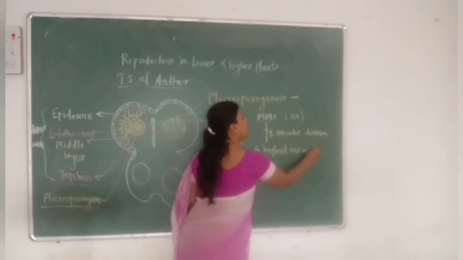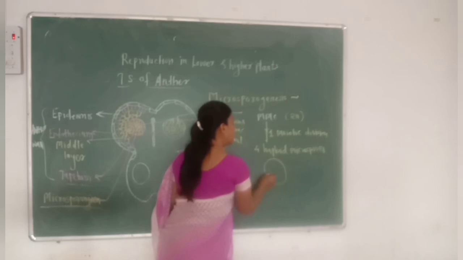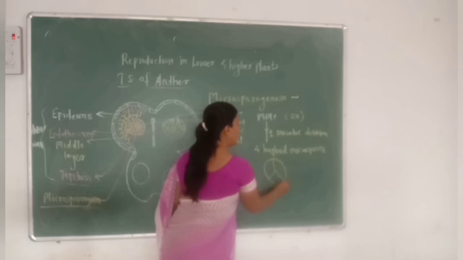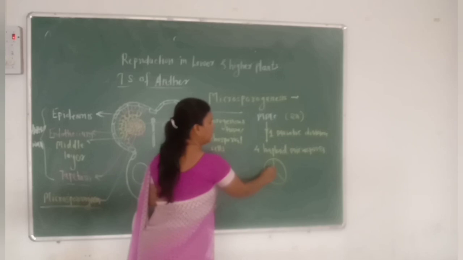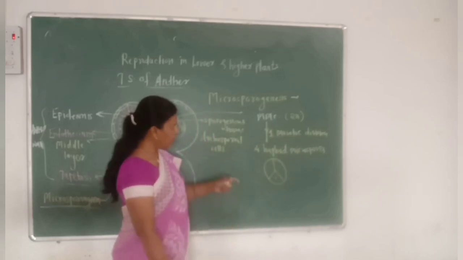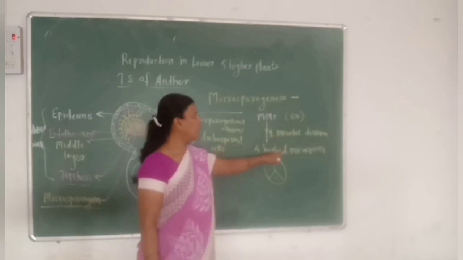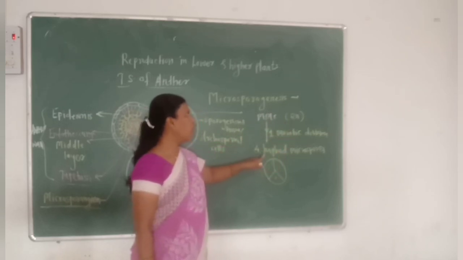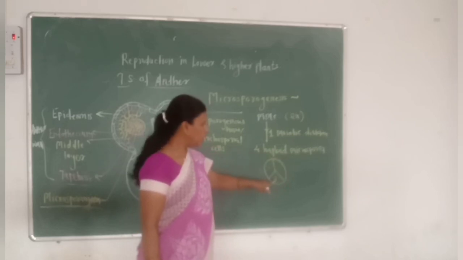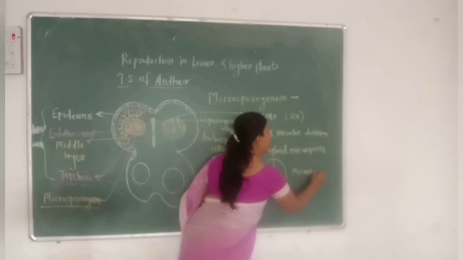But these microspores are still attached to each other. They are not separated. This is the first, second, third, and the back one is the 4th. Thus, a microspore mother cell undergoes meiotic division to form 4 haploid microspores. It is called a microspore tetrad.